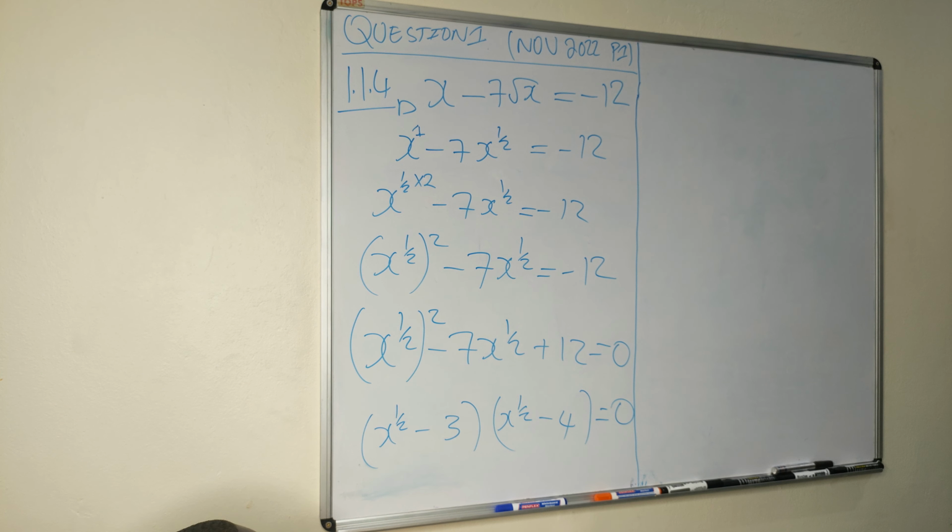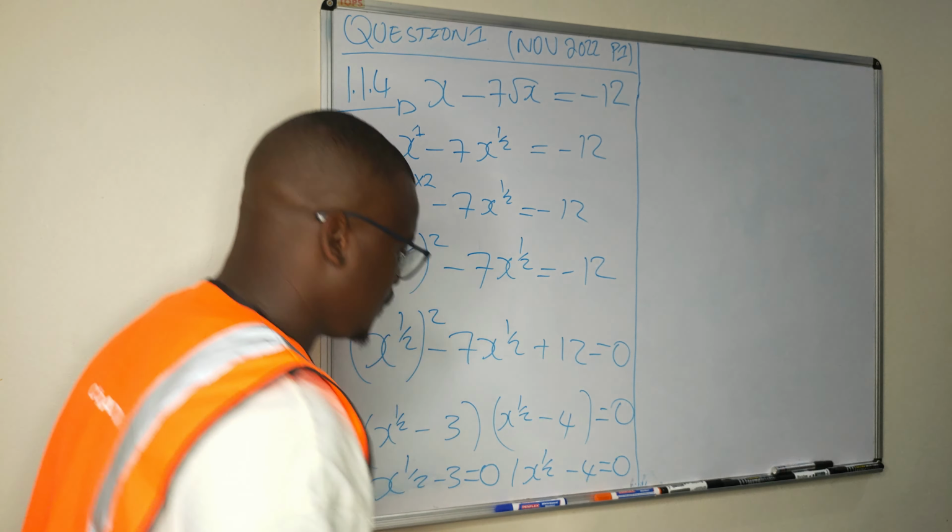The product of this bracket and that bracket is 0, which means this bracket is 0 or that bracket is 0. So x raised 1 over 2 minus 3 should be 0, or x raised 1 over 2 minus 4 should be equal to 0.